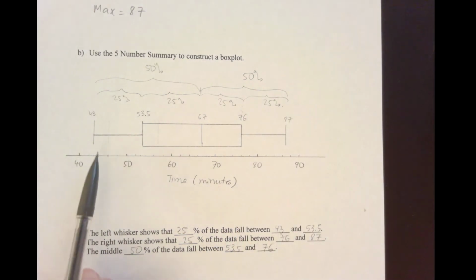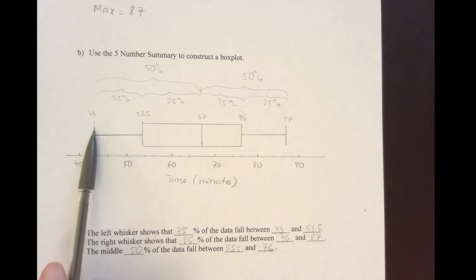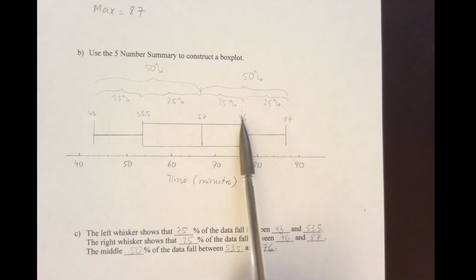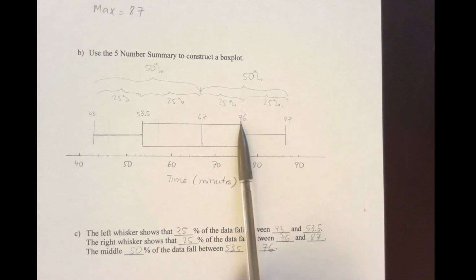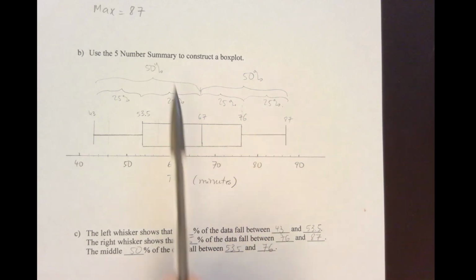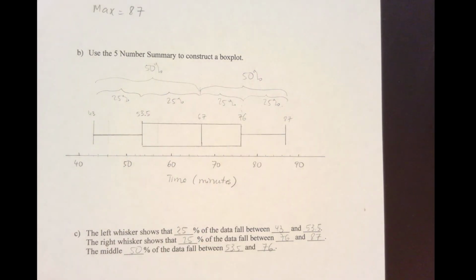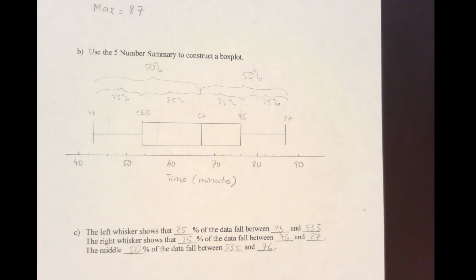So you can see here that the left whisker shows that 25% of the data fall between 43 and 53.5, and then the right whisker shows that 25% of the data fall between 76 and 87, and then the box shows that the middle 50% of the data will fall between 53.5 and 76.